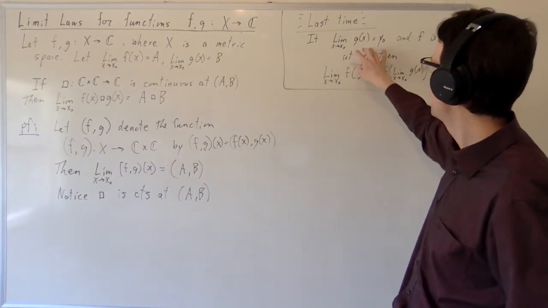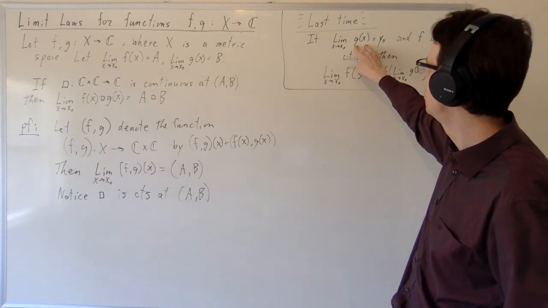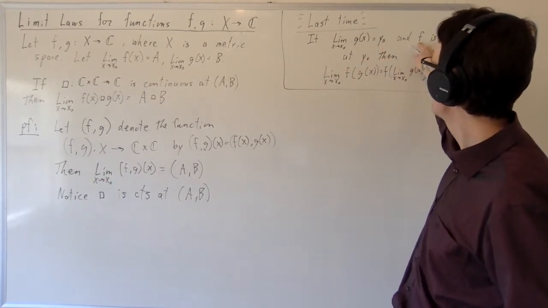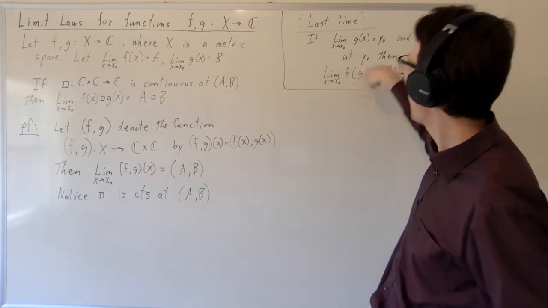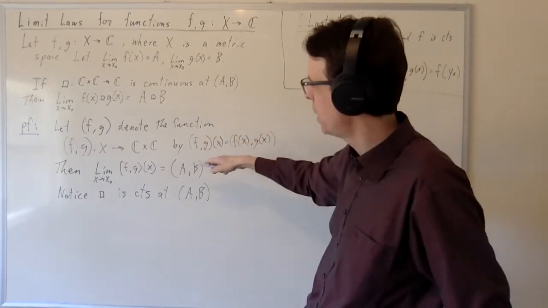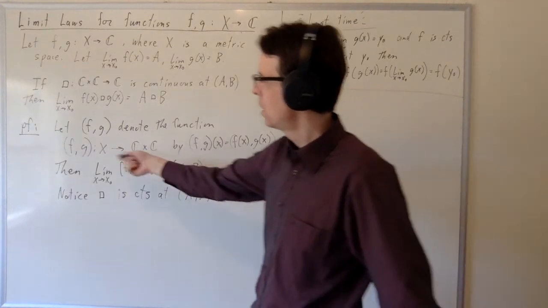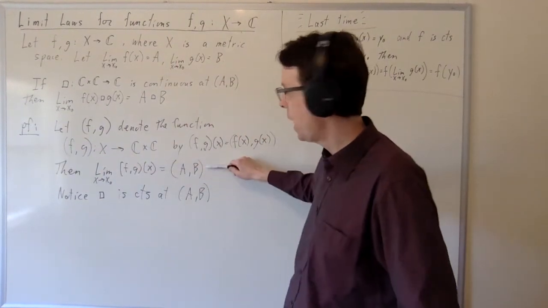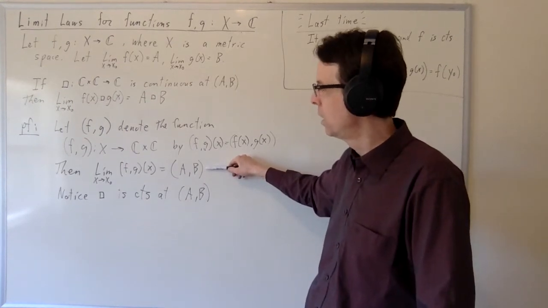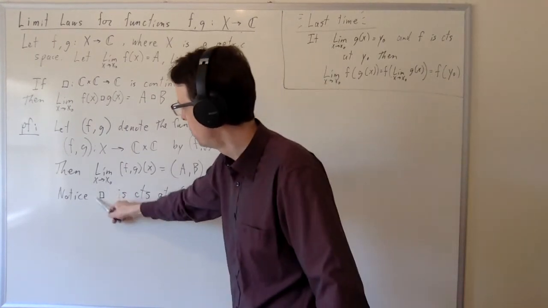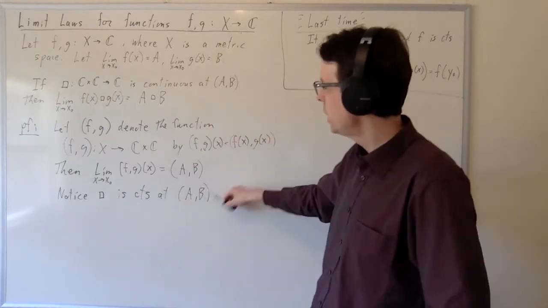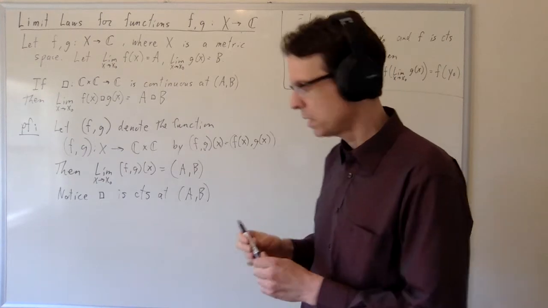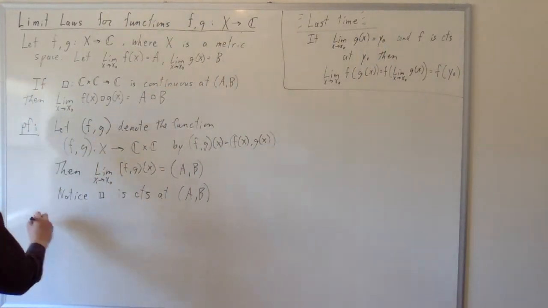In this setup, the interior function is called g, and it is assumed to have a limit. The exterior function is called f, and it is assumed continuous at that limit. In this setup, the interior function is this combined thing, f comma g, and notice that it has a limit, namely a comma b. The exterior thing is this box, and it is assumed continuous at that. And so what that means is that we can invoke that.